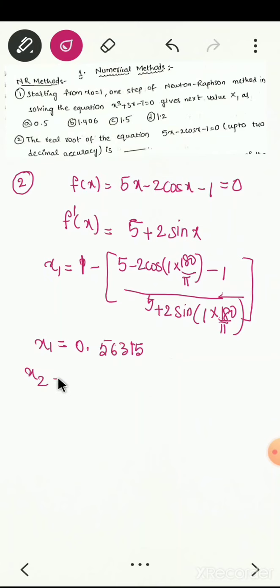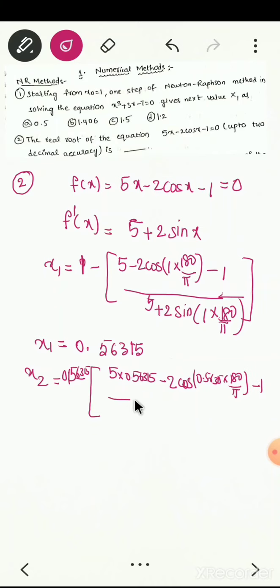Then x2 is equal to what? 0.56315 minus 5 into 0.56315 minus 2 cos of 0.56315 into 180 by pi. Hope you are getting this right.